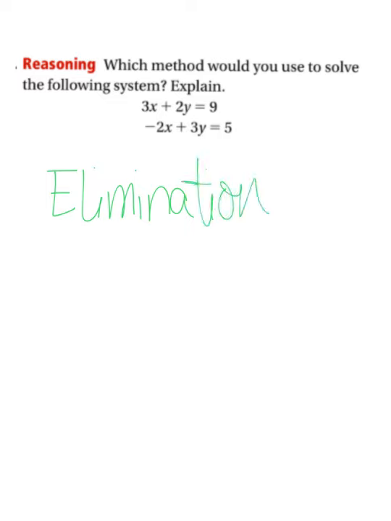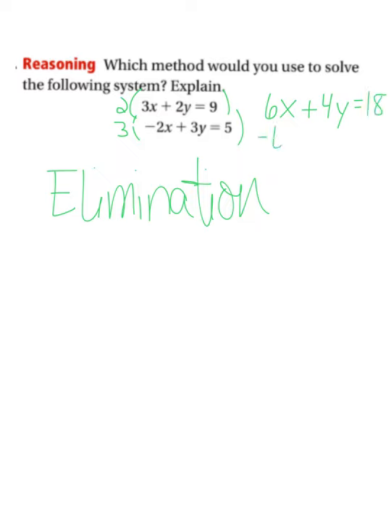With my x's and y's, I'm going to have to multiply. I'd probably multiply the top one by 2. We'll have to multiply the bottom one by 3. So on the top, we would have 6x plus 4y equals 18.